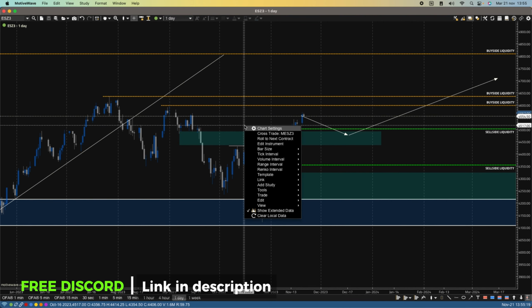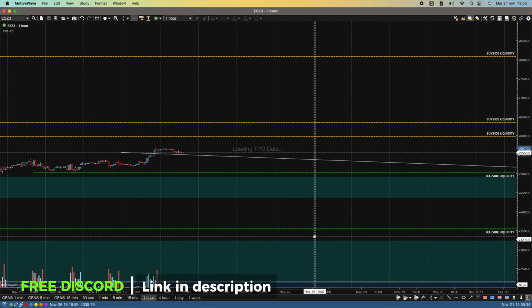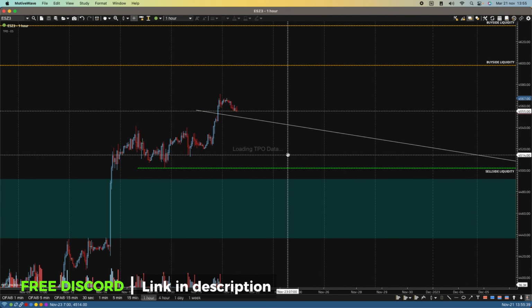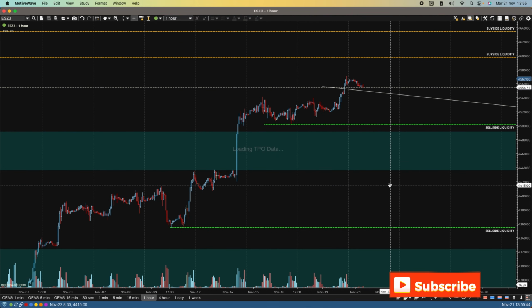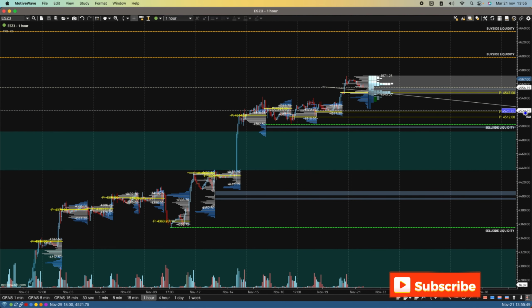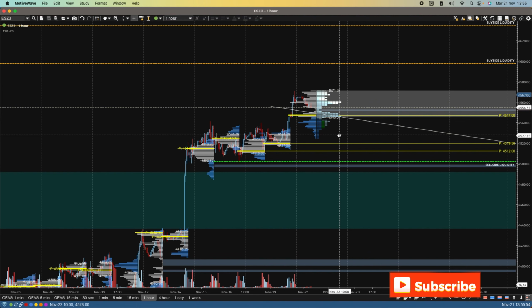Before moving on to the 50-minute time frame, which is my template, my daily template, the one thing I'm looking for is TPO. In terms of volumes, I want the volume to confirm that we are bullish.